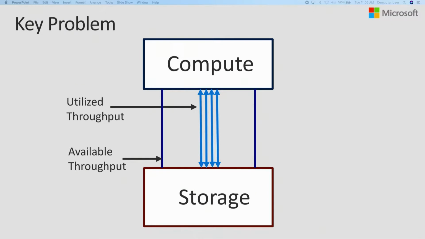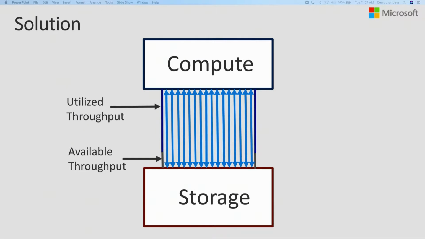So as you see here in the slide, you can see that, hey, I have this huge amount of bandwidth, but I'm only utilizing this small portion of it. And so how do we get to the state where I'm using all of that, right? And this is our ideal case. And this is what we're going to talk about today, different methods to help you be able to use up all that bandwidth.